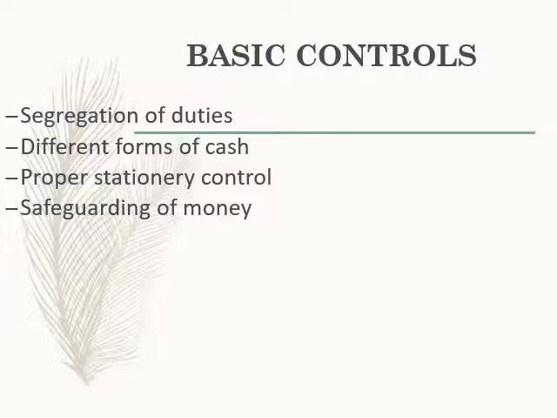For example, if you have a vault where you keep your cash, you need to have a register for every person entering in and exiting out, or the key of the vault needs to be registered so that the key is signed in and signed out, so that there are appropriate controls and supervision over the cash that is in the vault.